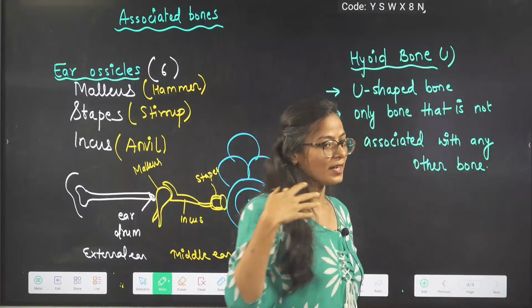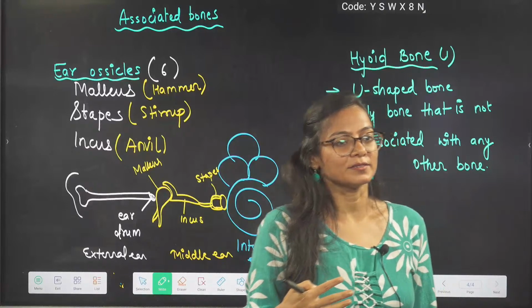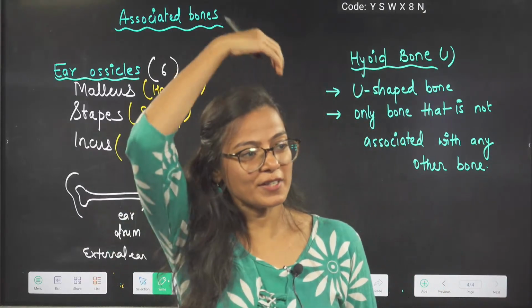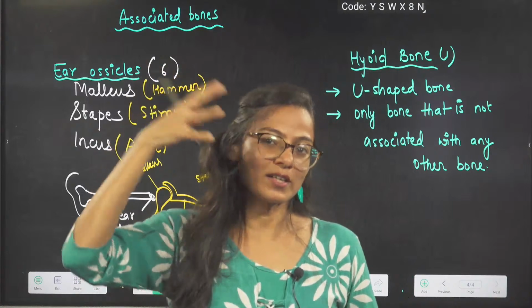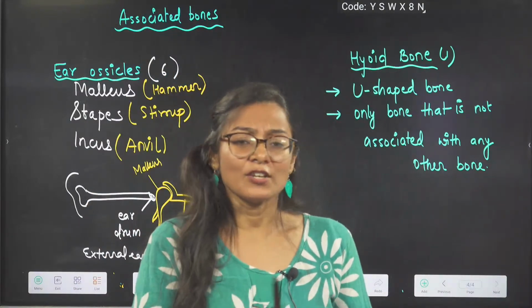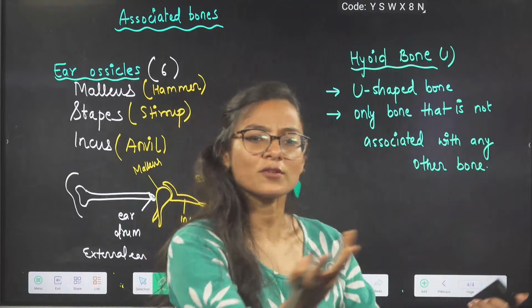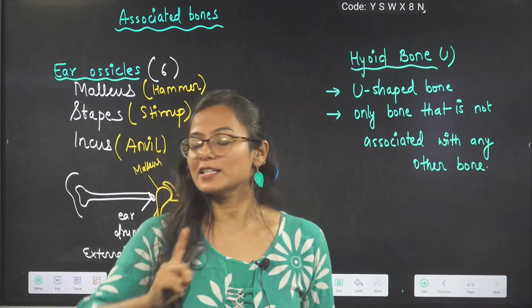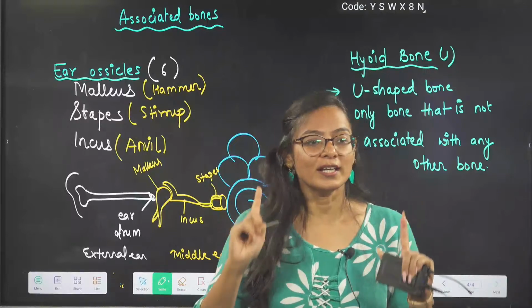Understood? If you see the other bones in the body, they are connected to some other bone. For example, in the skull we have seen so many bones and they are all connected to each other. Facial bones also are connected to each other. If I talk about hands, all these bones are also connected to each other. But the hyoid bone is the only bone that is not connected to any other bone.